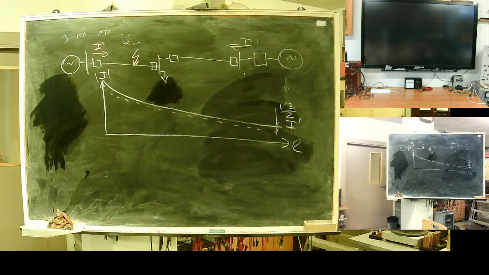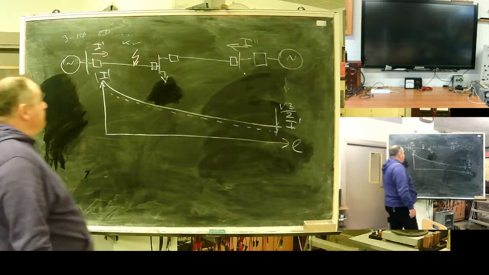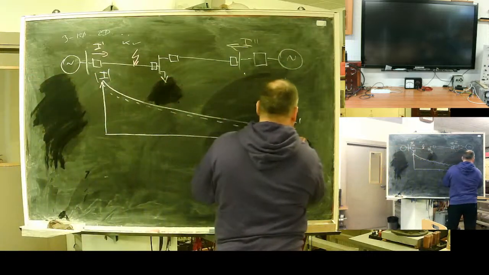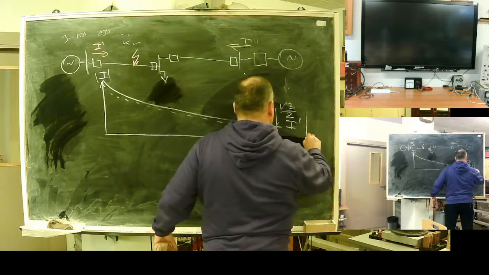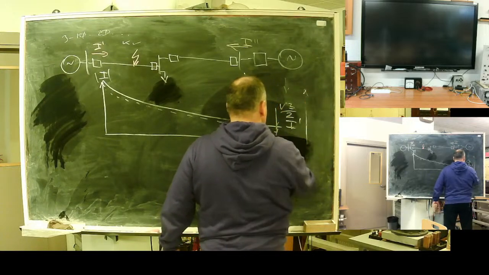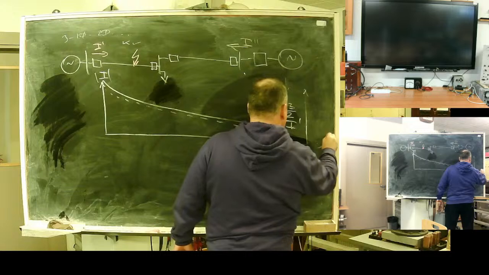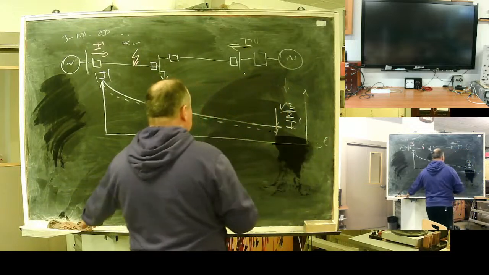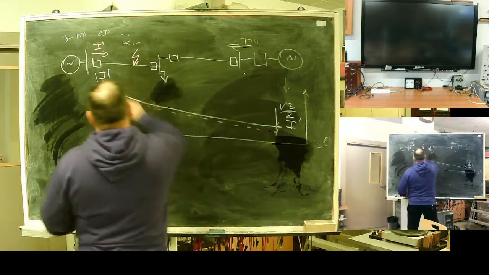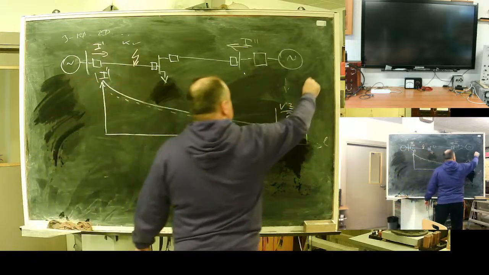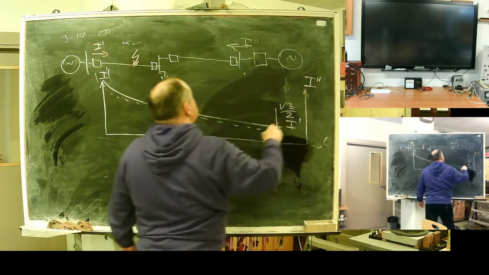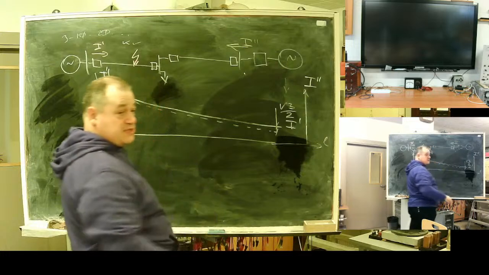Fine, but I need to draw a second line. The second line here is for I1, this one for I2, the current from the other side.